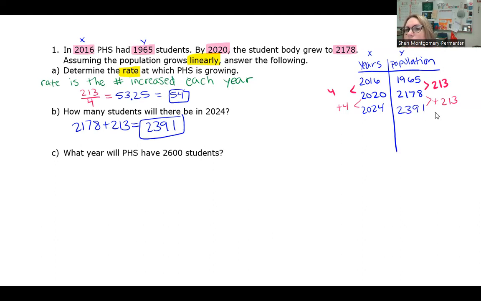Oh, I'm going to get really close if I add 4 more years and add another 213, but I can try, that might be enough. So in 2024, if I add 4, it would be 2028. And then if I add 213, how many do I get?